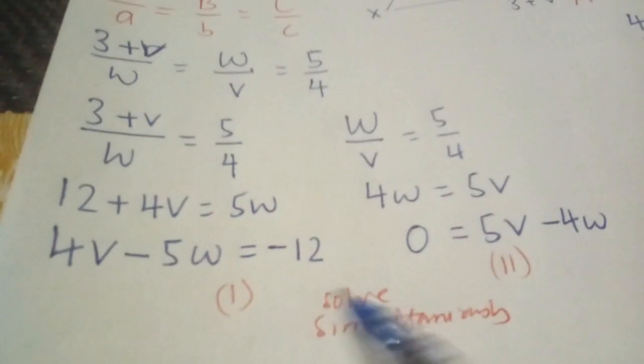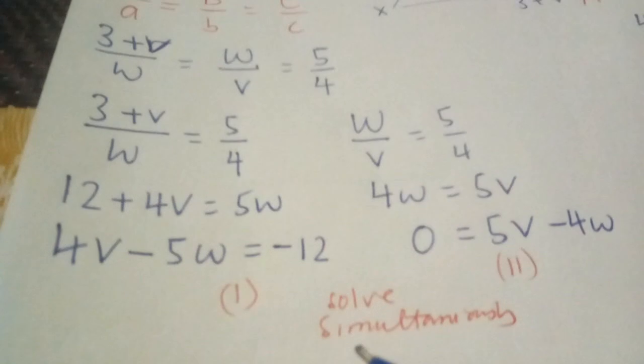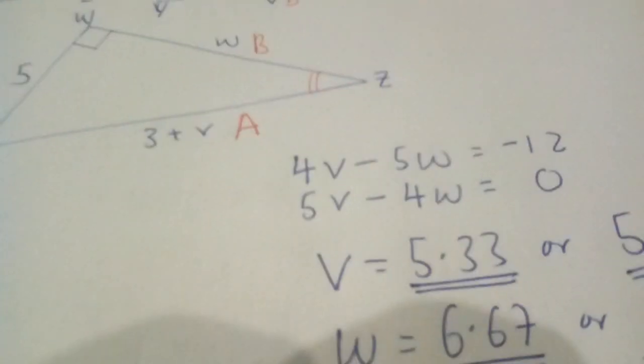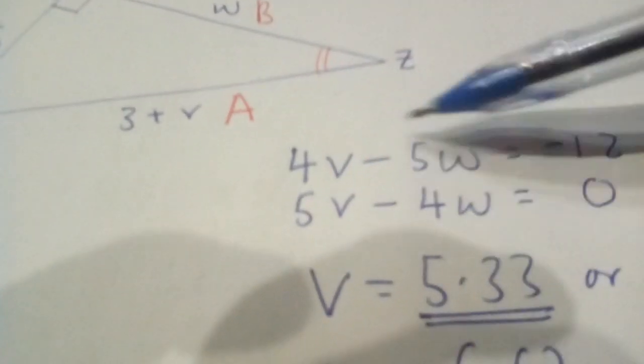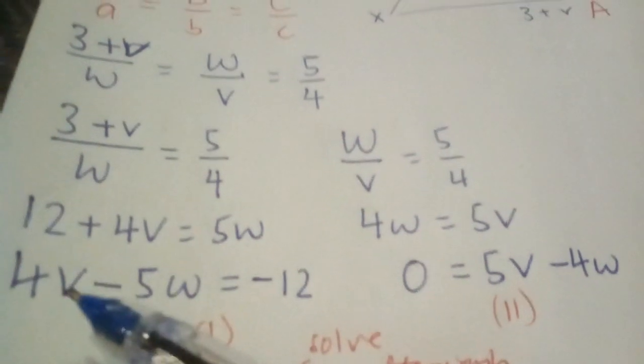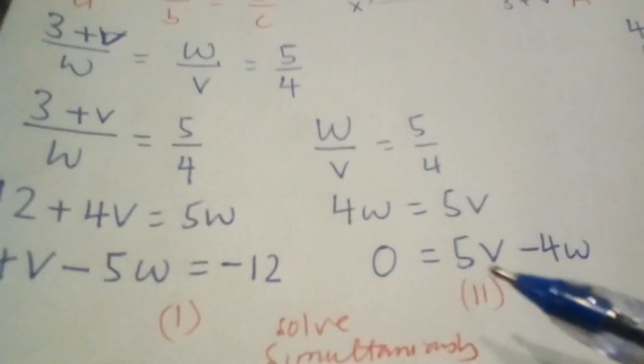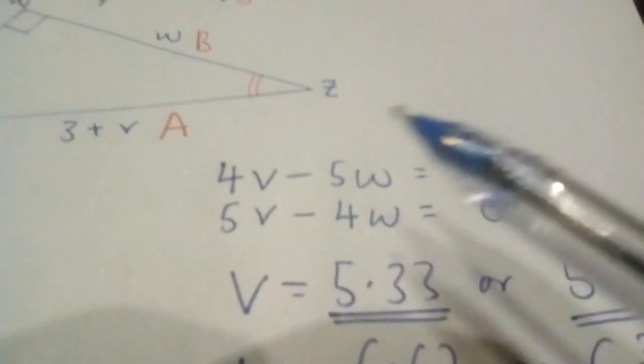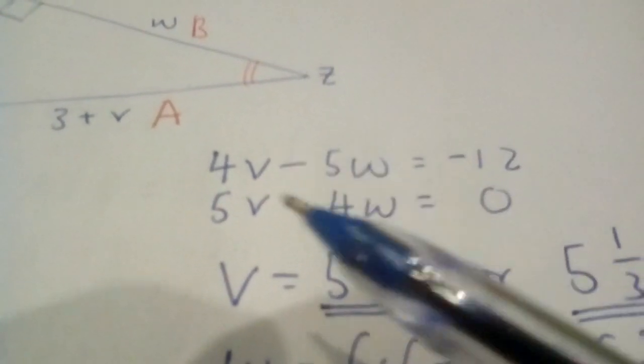Our job now is to solve the two simultaneously so that we can get the value of V and the value of W. Hence, we shall write our two equations properly, where we shall keep V on the same side as the V and W on the same side as W as shown there. Once you reach this stage, you go ahead and solve these two equations simultaneously.